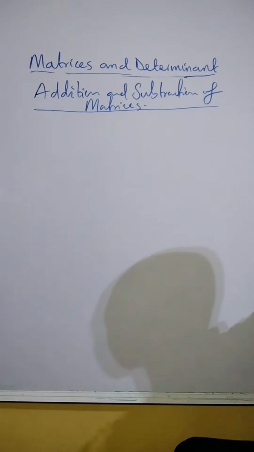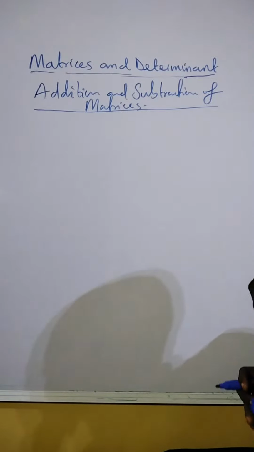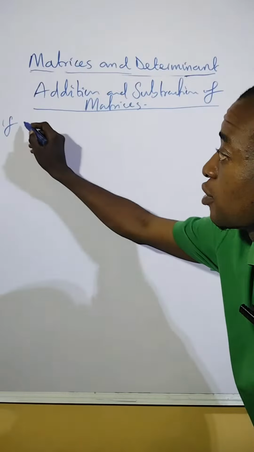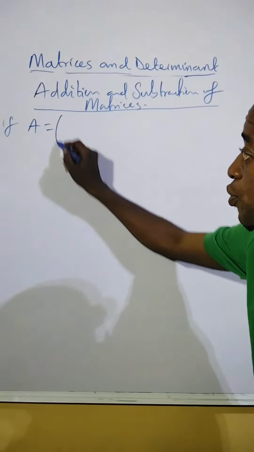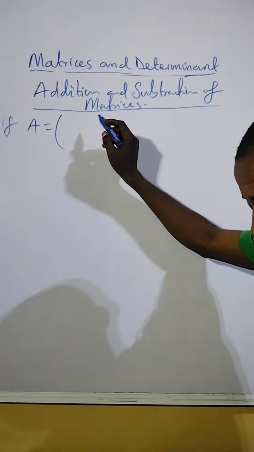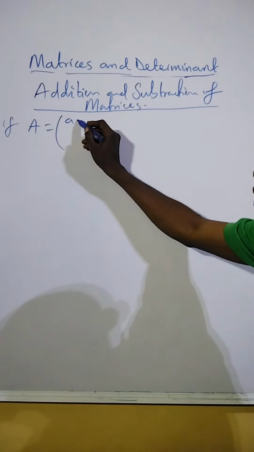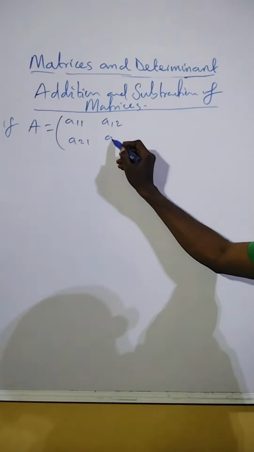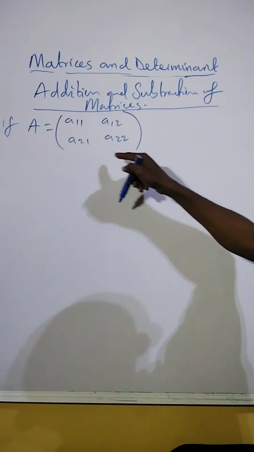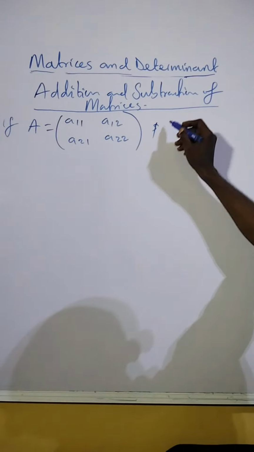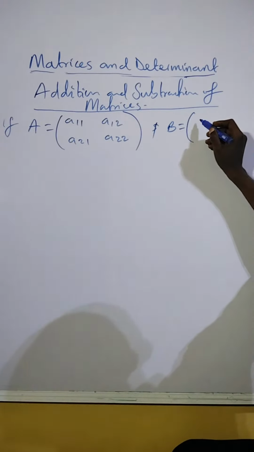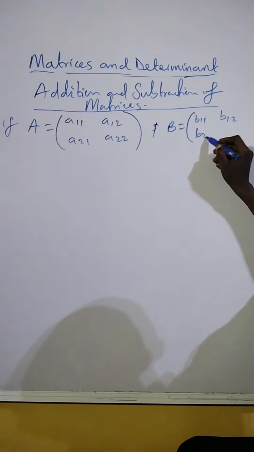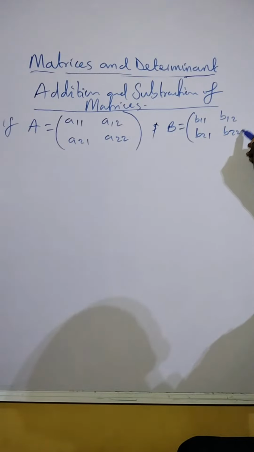It's very direct. So it means we add and subtract the corresponding elements. For instance, if we have matrix A equal to, let's use a 2 by 2 matrix here. We have A11, A12, A21, A22. So we know what this means. And also we have matrix B, and let it be B11, B12, B21, B22.